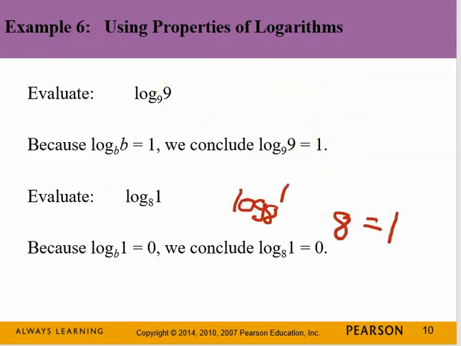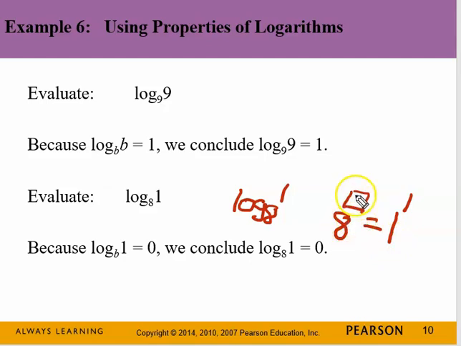Now, as we look at example 6, the second part here, we have log base 8. The answer is 1. So I'm putting it in its exponential form. There's 8, our base. Our answer is 1. Now, what would the exponent be for something that will give us a 1?